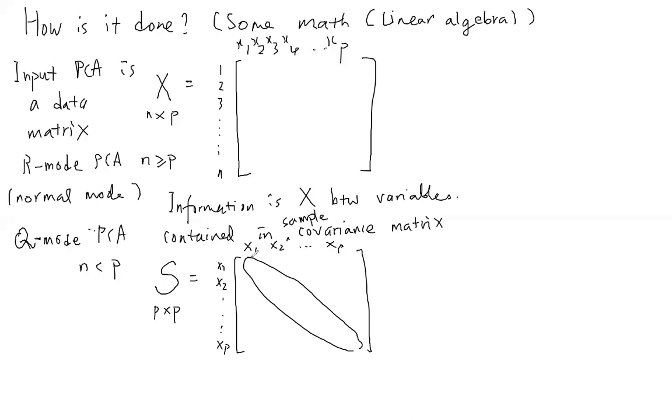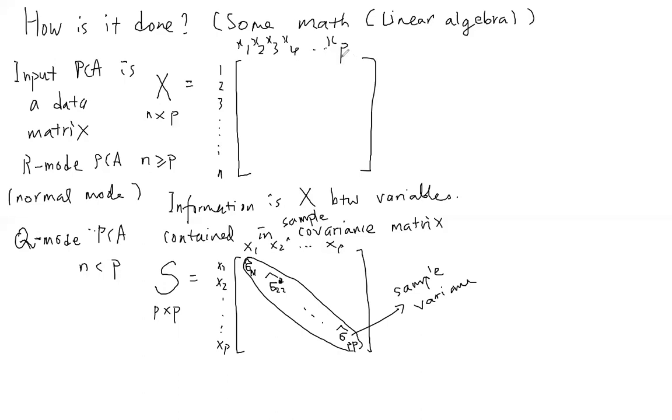Now the diagonal here is actually just the variances, right? So x1, x1 are the same here. We write sigma hat 1,1, sigma hat 2,2, and so on, up to sigma hat pp. These are the sample variances, the sample variance for variable p.